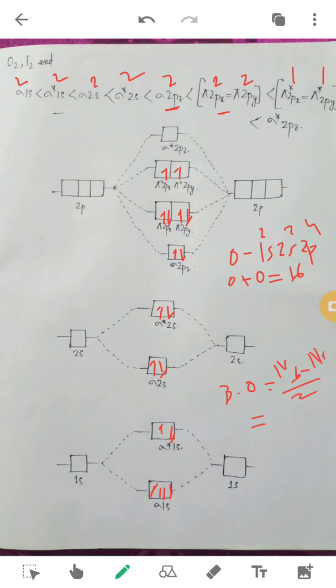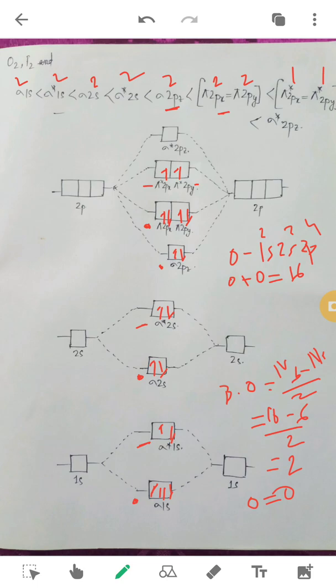So Nb, how many are there? Over this one, Nb is 2, 4, 5, 6, 7, 8, 9, 10, right? So 10 minus antibonding ones. Antibonding is 2, 4, and we have 5, 6. We have 6 divided by 2. So 4 divided by 2, we have 2. So that is why it is oxygen, a double bond. Okay, so doubly bonded. Fine.